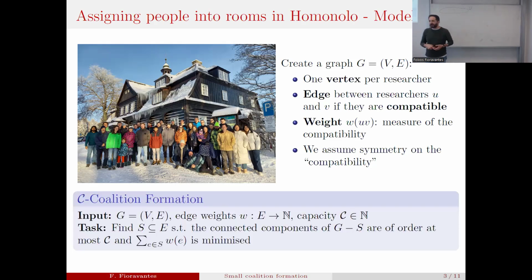Now the problem becomes a very nice graph theory problem, where we have a weighted graph. There are weights on the edges, and there is a capacity. The capacity is the size of the rooms. And now we need to find a subset of the edges and delete them, so that all the connected components that remain are of order at most C, the size of the rooms, and we have minimized the total sum of the deleted edges.